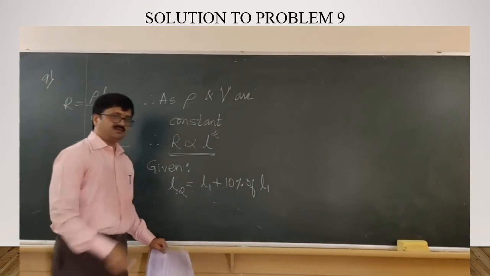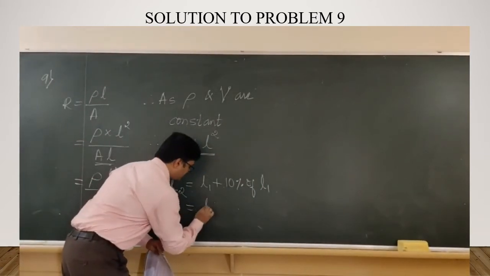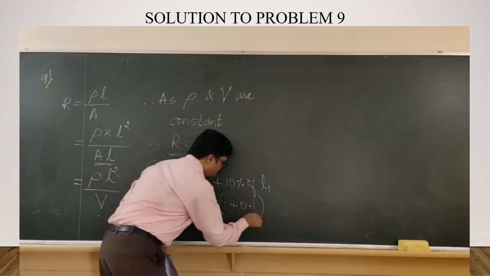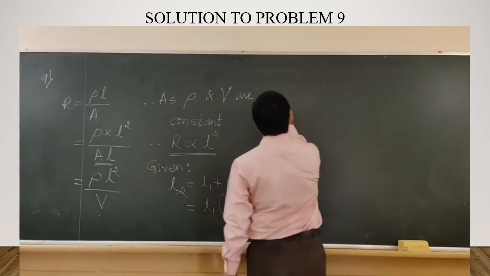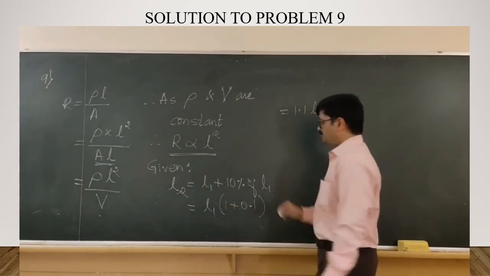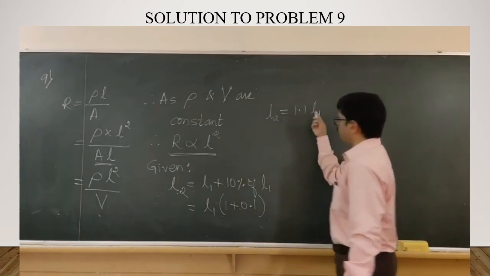This is L2. Which is nothing but L1 into bracket 1 plus 0.1. So this is equal to 1.1 times of L1. So L2 will be 1.1 times of L1.